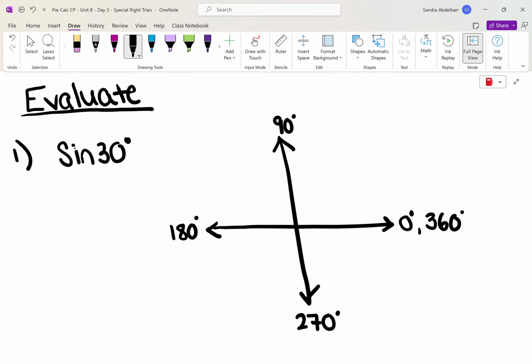Do we agree the 30-degree angle will end up in quadrant 1? Right, because quadrant 1 is from 0 to 90. So I'm going to draw my 30-degree angle, and then drop an altitude down to make a right angle. So I have a right triangle.